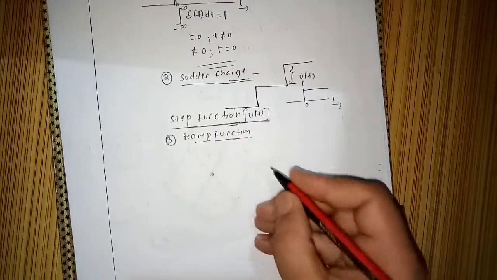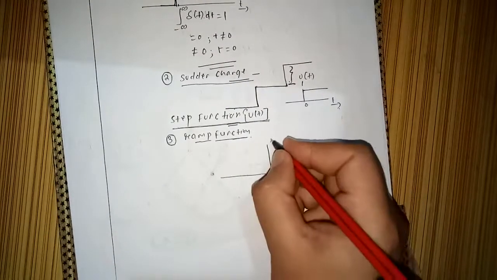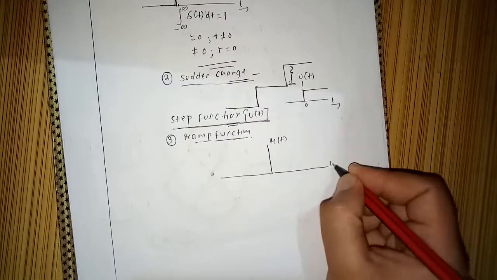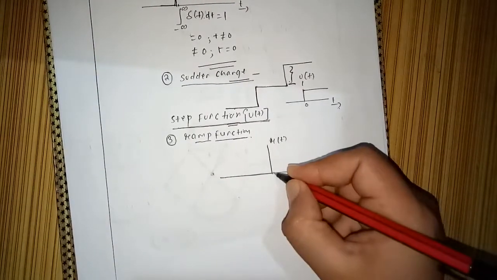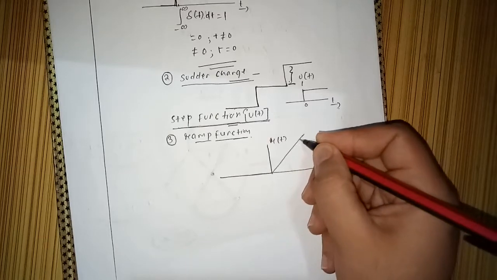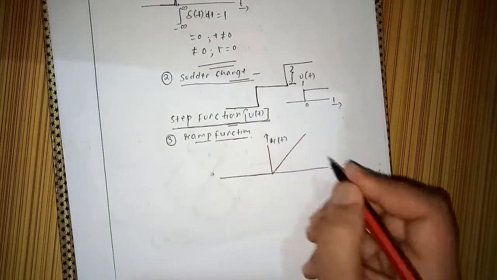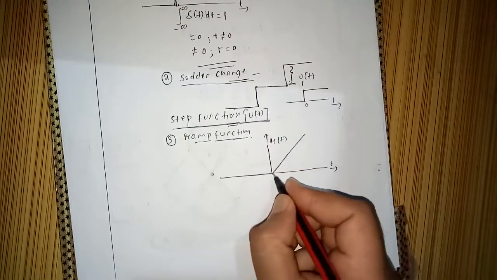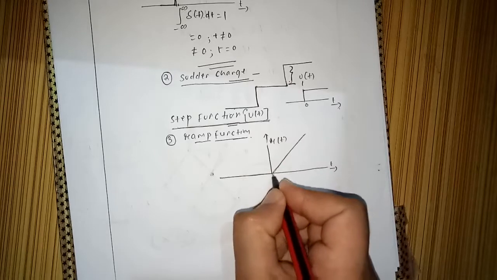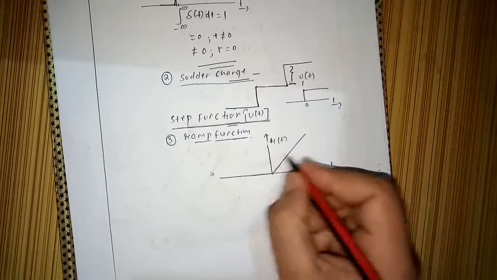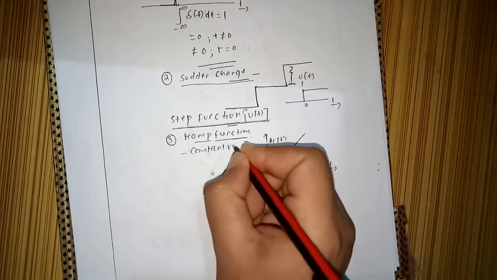And the third one is the ramp function. The ramp function is denoted as r(t) with respect to t, and it is represented like this. It represents a signal that is changing steadily, so it is called constant velocity type.